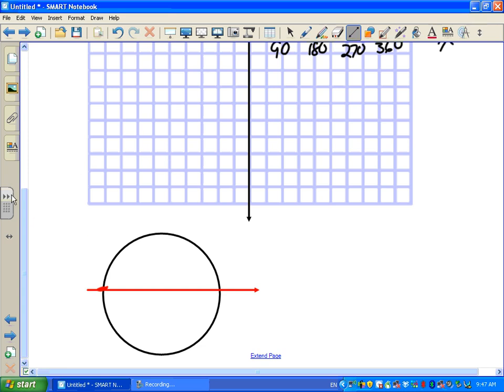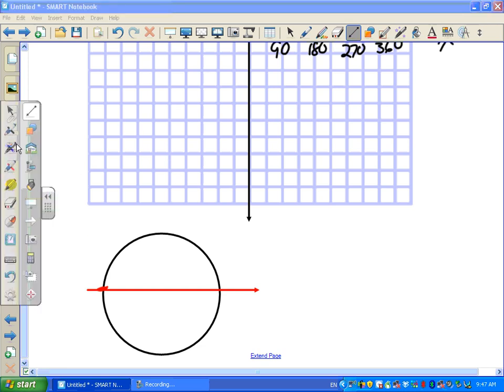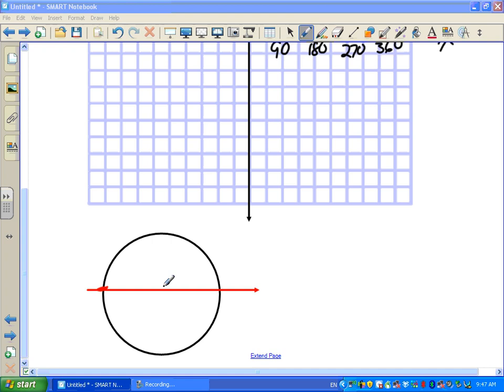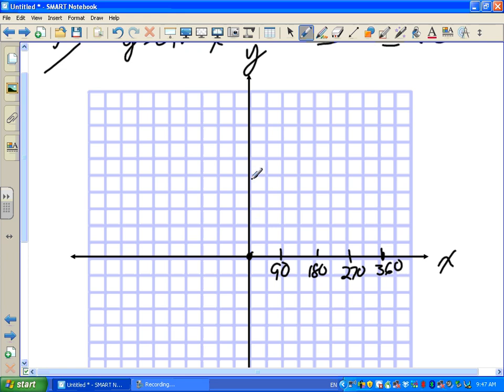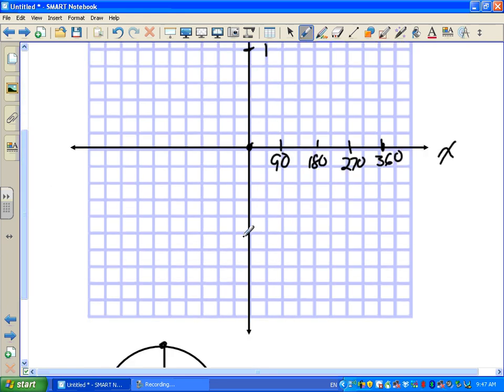The radius of this circle is going to be 1. Assume we always have a radius of 1. So that means to the top, it's 1. To the bottom is 1. Across is 1. Back is 1. That means on our y-axis, we really only need to go as high as 1 and as low as negative 1.